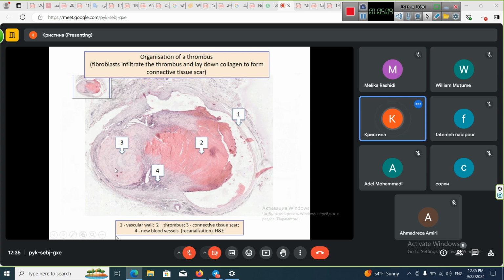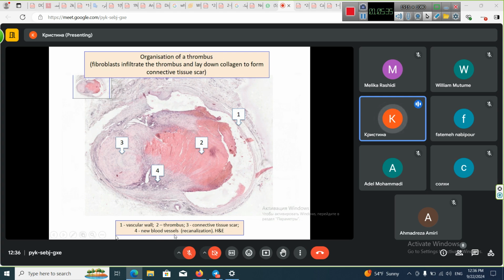So initially this thrombus has plugged almost all the internal space of this large blood vessel, but now we have additional small vessels inside the thrombus, and through these blood vessels blood can still pass through this large blood vessel.